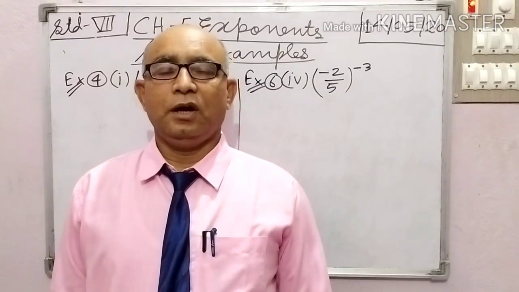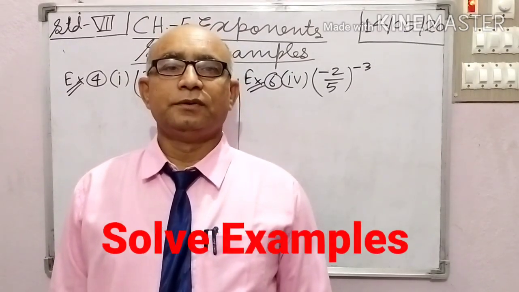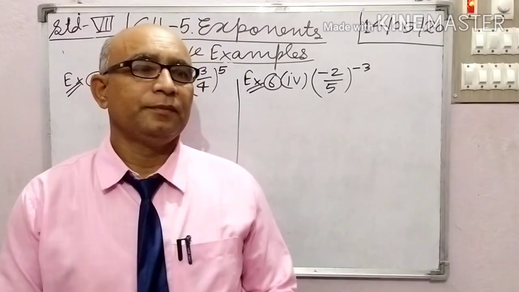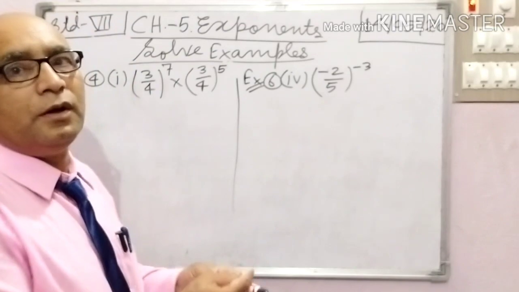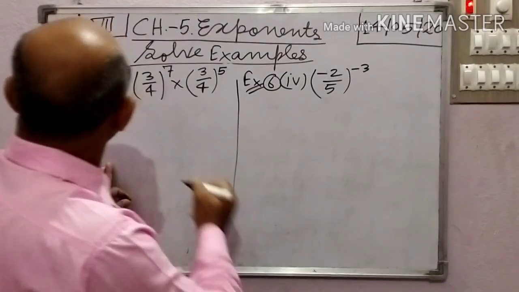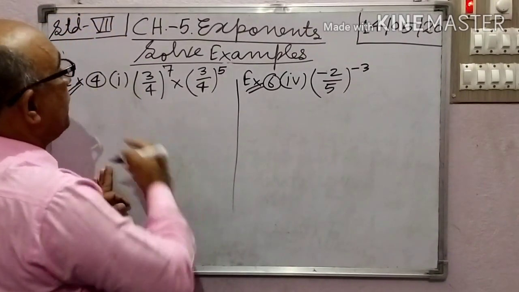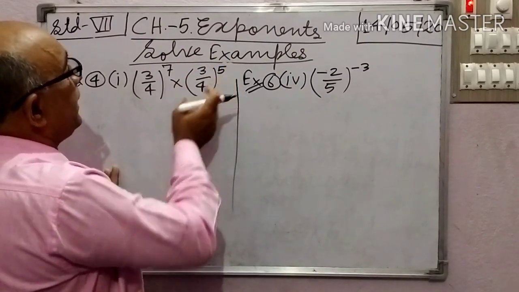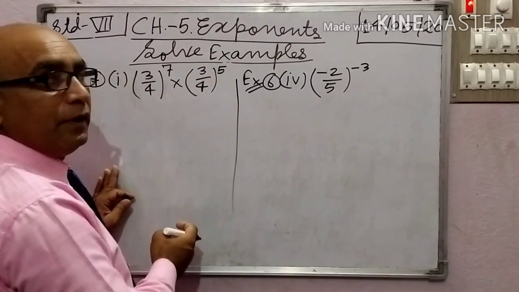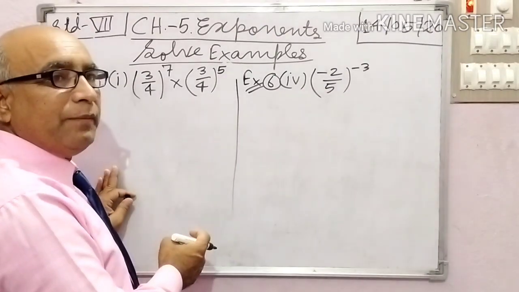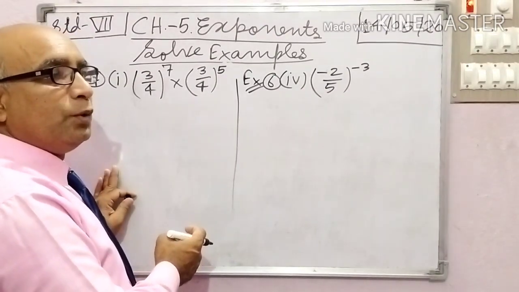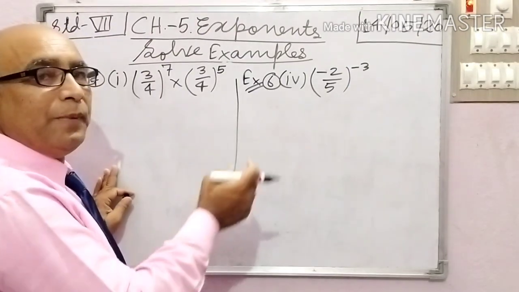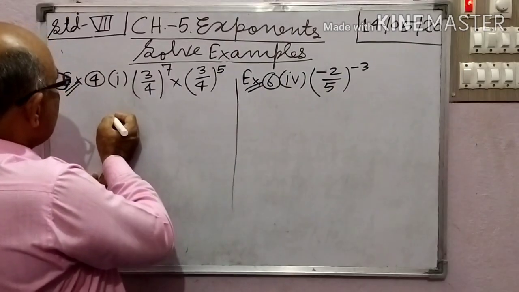Students, now I shall solve some examples of chapter 5 with the help of the laws of exponents. Question number 1 of 4: (3/4) to the power 7 into (3/4) to the power 5. We know that (a/b) to the power m into (a/b) to the power n equals (a/b) to the power m plus n.